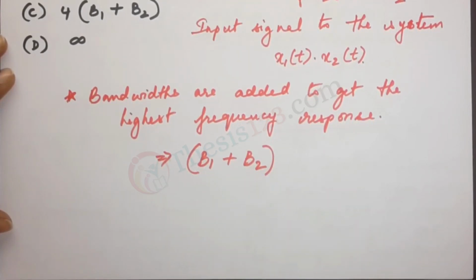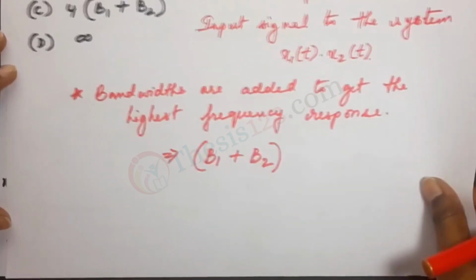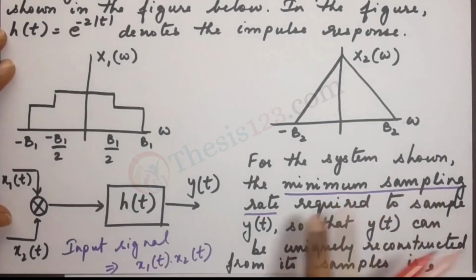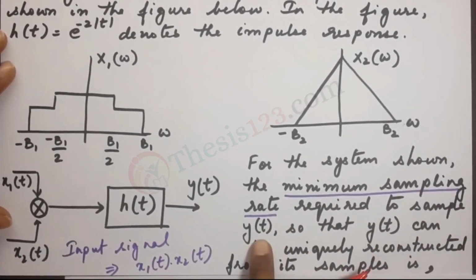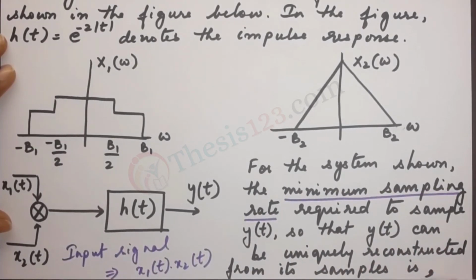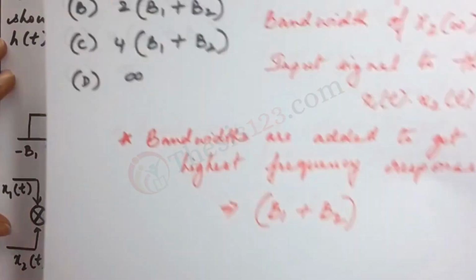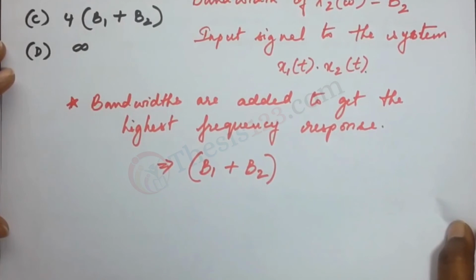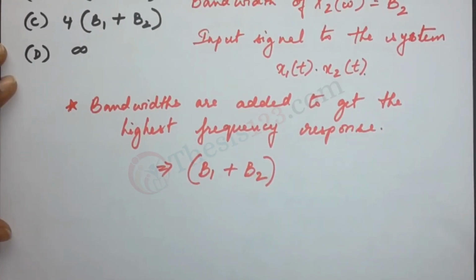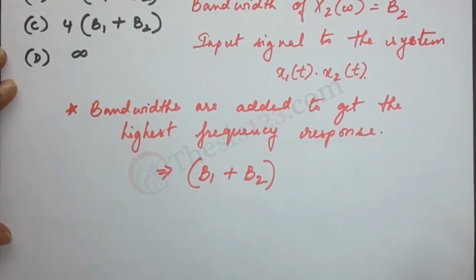But because we are talking about the sampling rate, here the question says the minimum sampling rate required to sample y of t so that y of t can be uniquely reconstructed. Now since it talks about uniquely reconstructed and the minimum sampling rate, we have to remember Nyquist's principle of sampling rate. So according to Nyquist's principle, let me write that down.